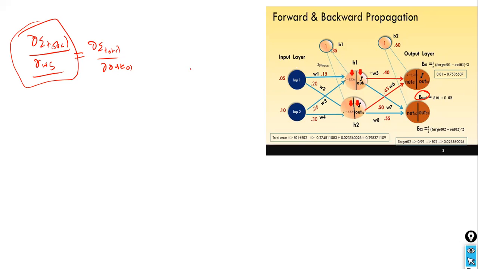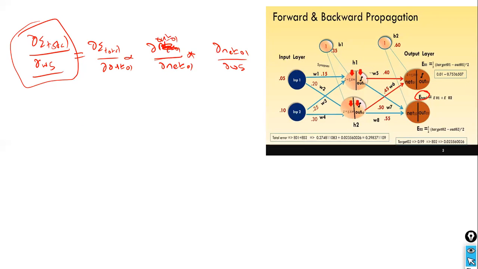Then ∂out O1 depends on ∂net O1, and net O1 depends on W5, so ∂net O1 divided by ∂W5. If you look at only this part, you will be able to understand.